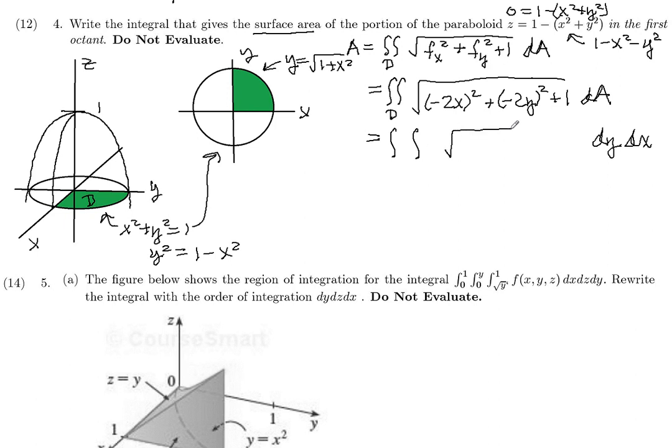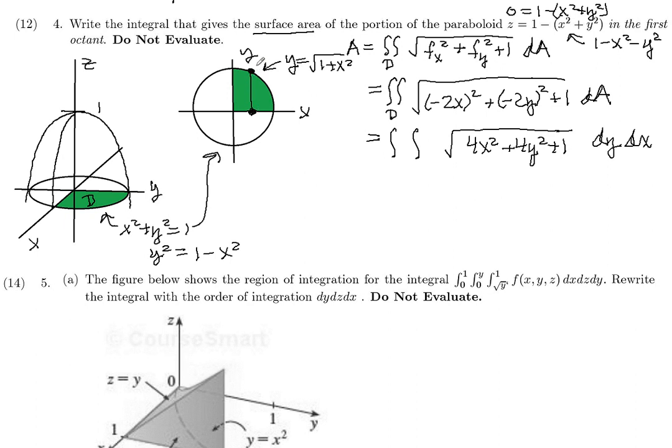Inside the square root, we can go ahead and simplify. This is negative 2x, quantity squared, is 4x squared. And then this will be 4y squared, and then plus 1. Now if we integrate in the y direction first, draw a y constant segment there.